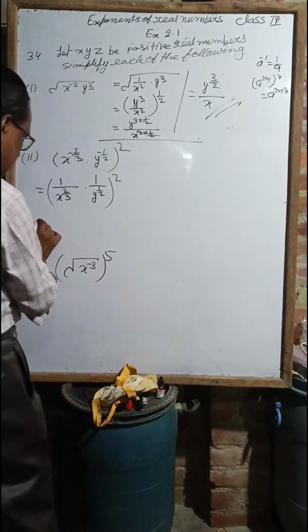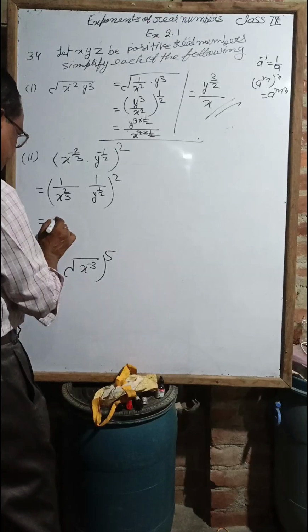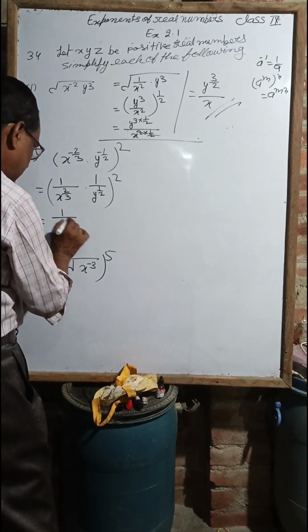Next question. a raised to the power minus 1 is equal to 1 upon a.